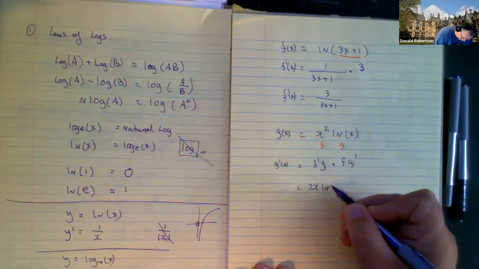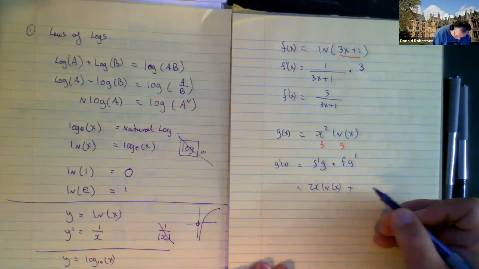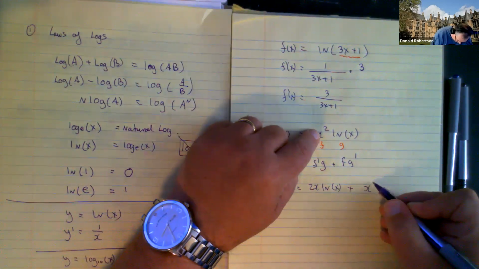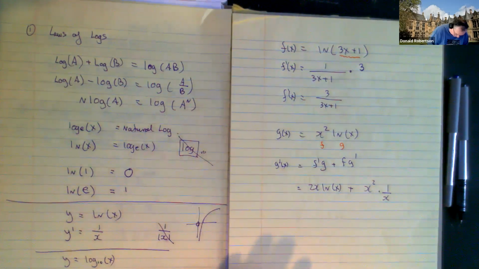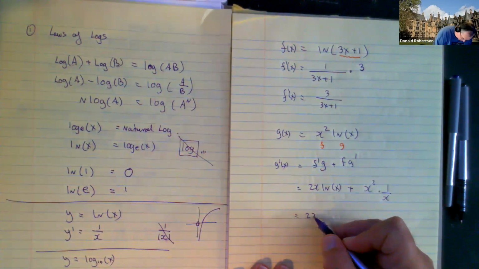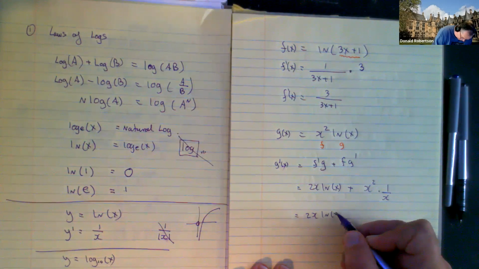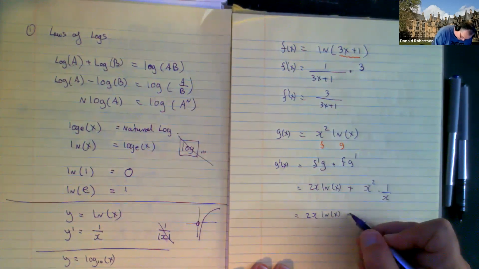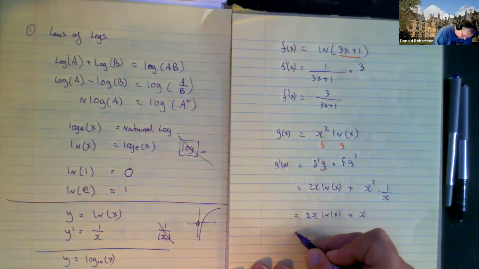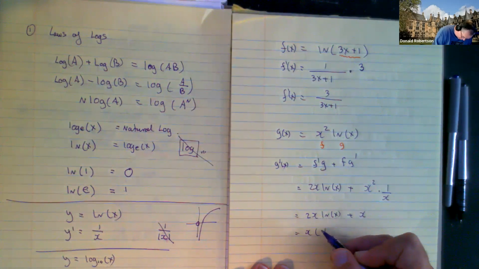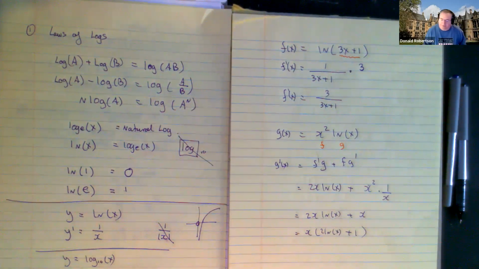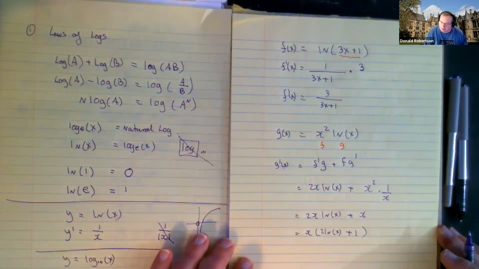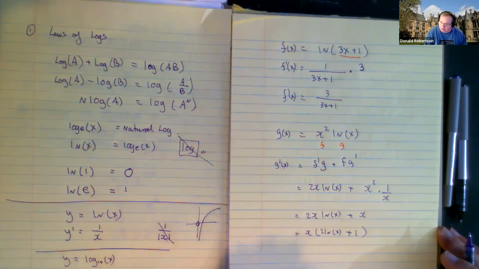Leave that guy alone, you get natural log of x. Leave that guy alone, you get x squared. Differentiate a natural log, you get 1 over x. Should always tidy things up. That guy times that guy gets you x, and then some style points to finish. You're done. We're good with that one?